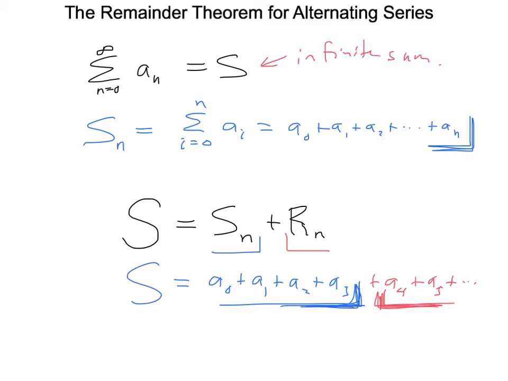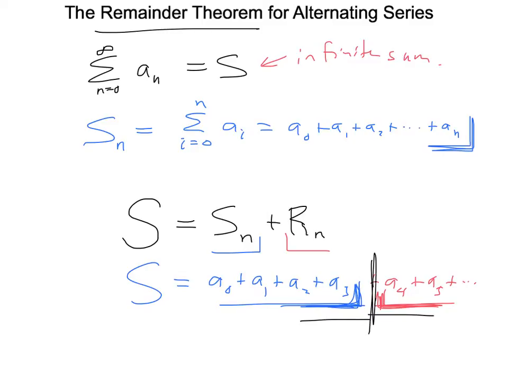So again, there's nothing surprising about that. If you stopped somewhere, you would have a remainder and an approximation, and this remainder theorem is getting at how good your approximation is. If you stop at the 4th term, how far off are you going to be from the infinite series?